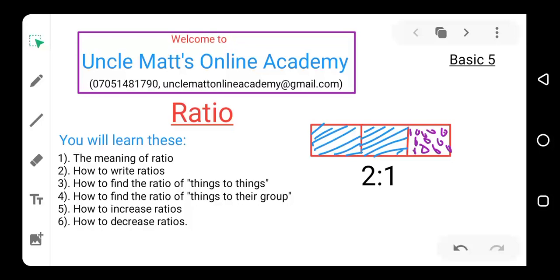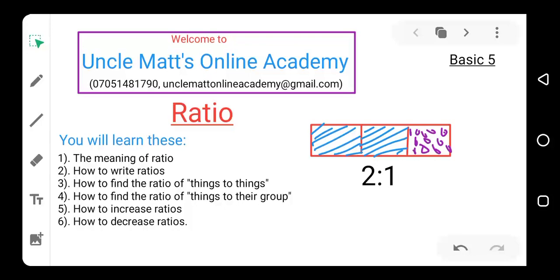This class is for Basic 5 and we are going to learn ratio. So we are going to study the following: to know the meaning of ratio, to know how to write or express ratios, and we are also going to learn how to find the ratio of tens to tens.